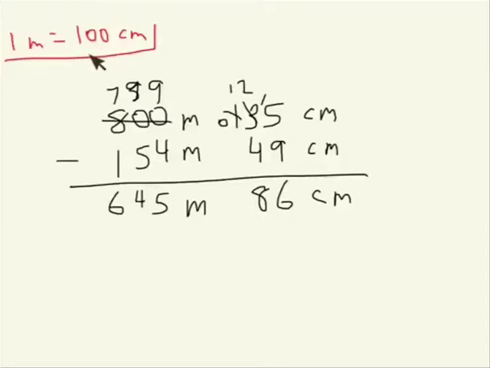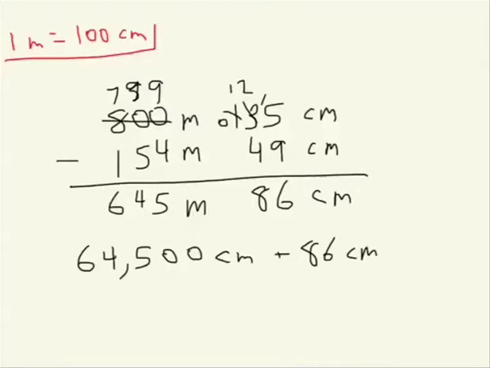So the centimeters is 100 times more than the 1. So 100 times more than 645 is going to be, I'm adding 2 zeros to the end, so I'll have 64,500 centimeters and my 86 centimeters that I'll have to combine.